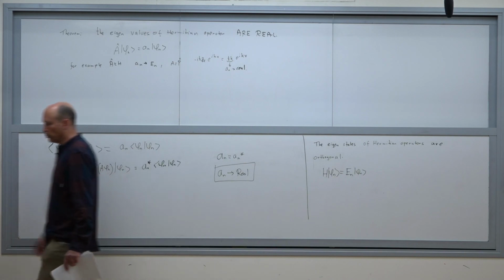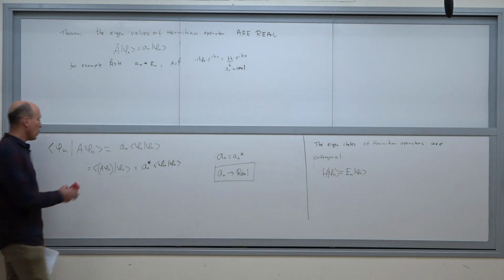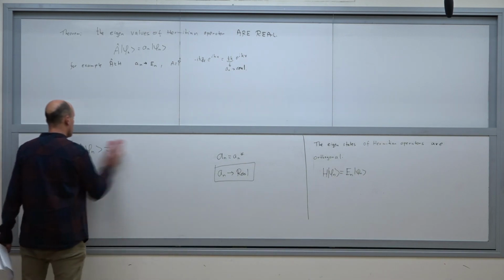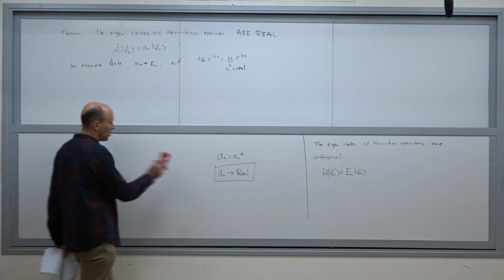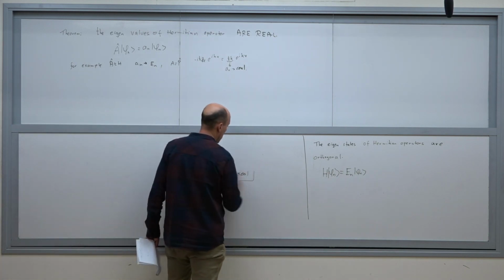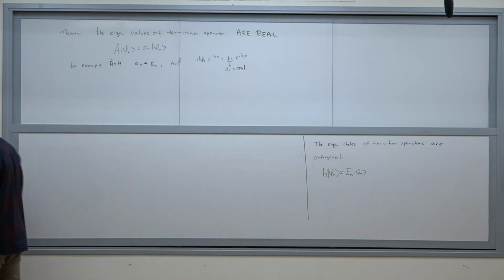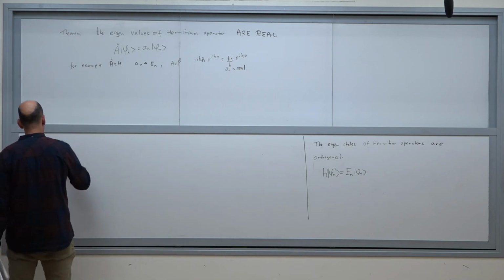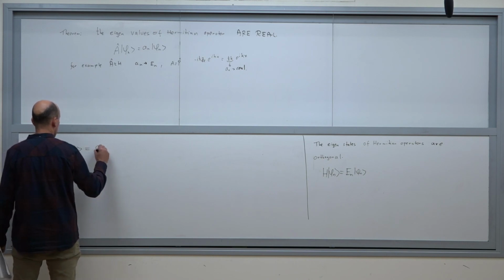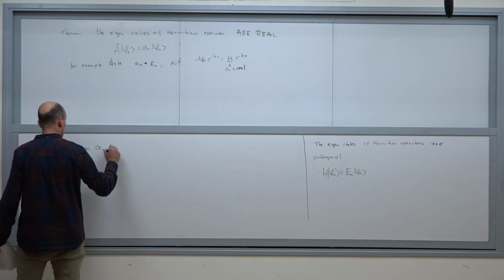So how do you prove this? I'll prove this only for non-degenerate states, like a one-dimensional Hamiltonian with only one quantum number. So, okay, we know that A phi n is equal to A n phi n.